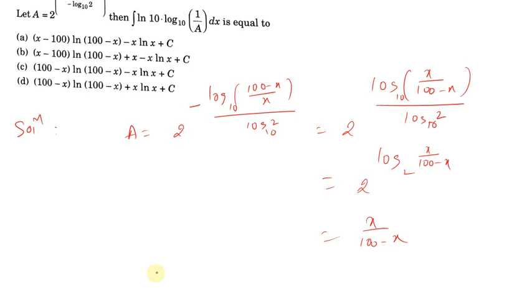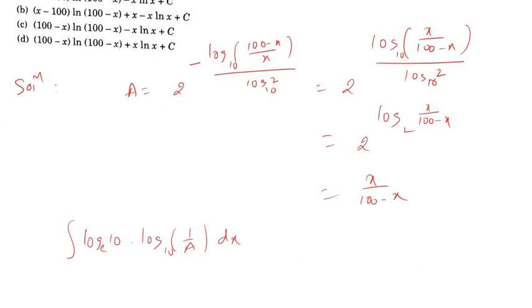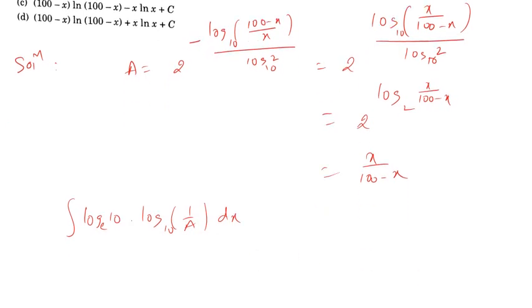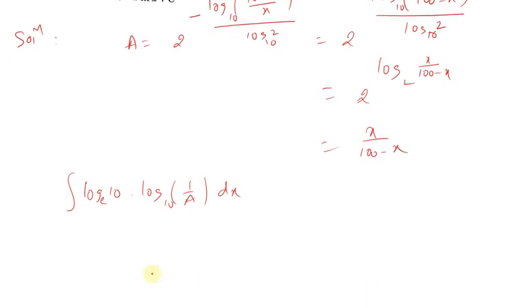Next, what we have to calculate? Integration of log 10 base e into log 1 by a base 10 dx. Okay, this question is purely based on logarithmic properties, right? Integration, log a base b can be written as log a by log b. According to that, log 10 base e, and this is log 1 by a by log 10.